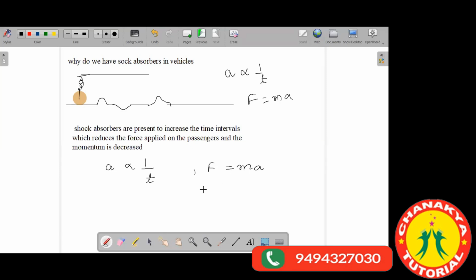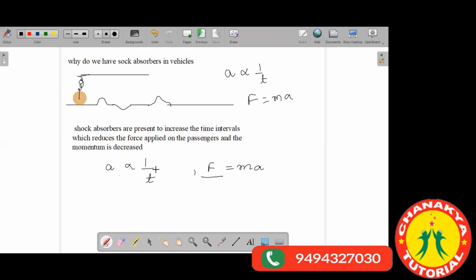Once you increase the time of impact, you will have a lesser amount of acceleration, and less acceleration means less force. As per this relationship, we can say that acceleration is inversely proportional to time.